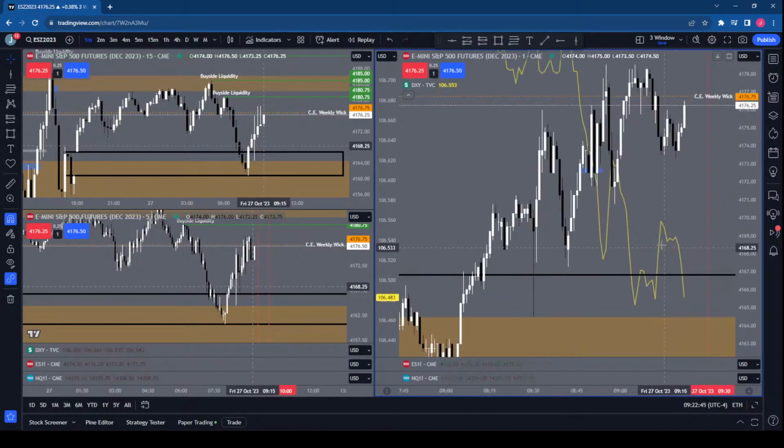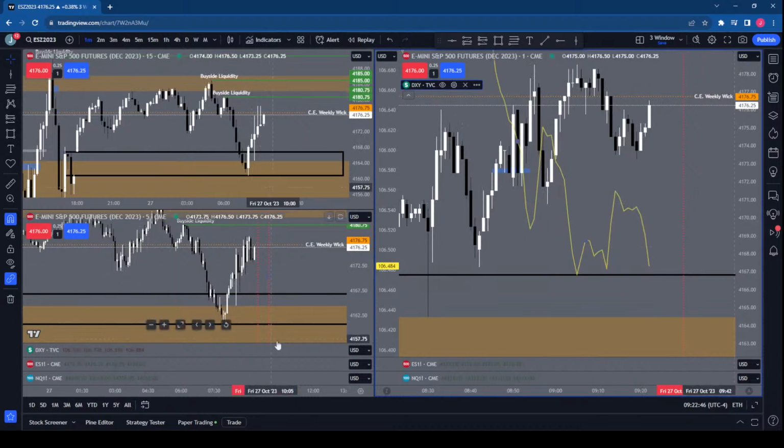The dollar is kind of looking like it's going to get pretty heavy.